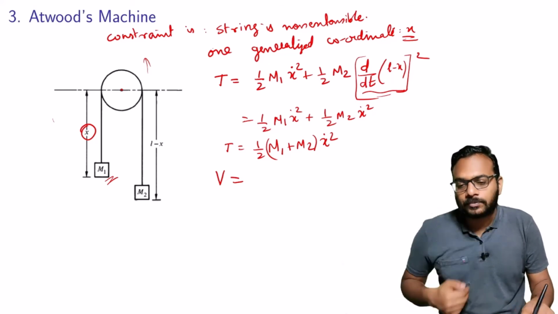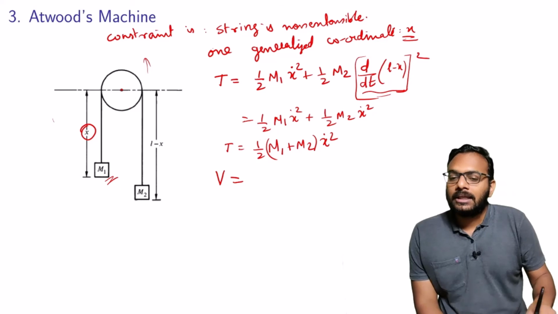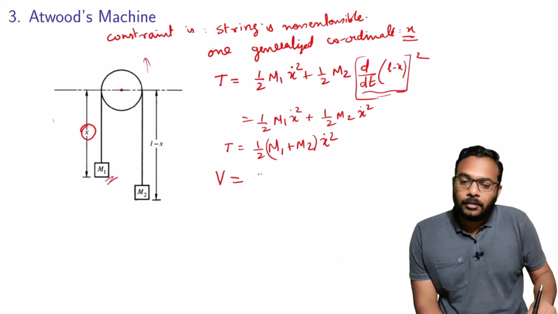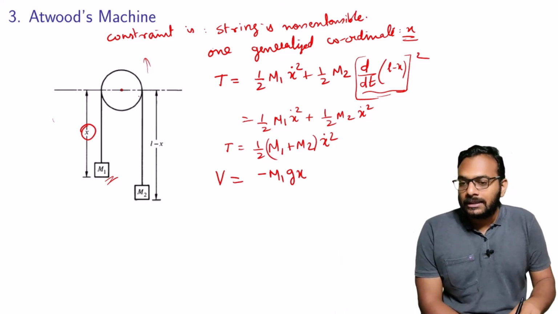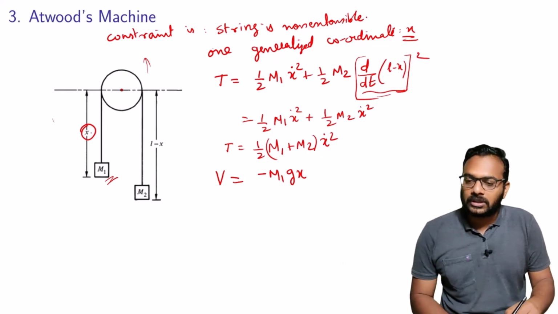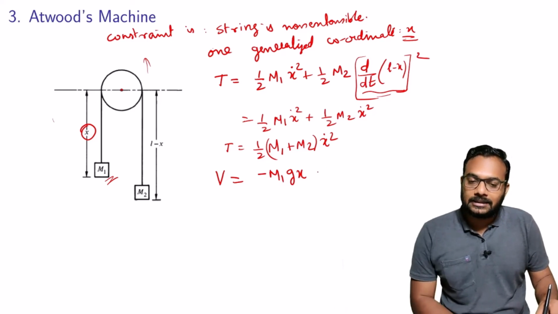We'll see that. So here V becomes, let's say, minus m1 gx, am I right? It's minus m1 gx because this is 0, so above is positive, below is negative. So how much has it gone from the 0 of the potential energy? That is minus m1 gx, and minus m2, what is the distance?